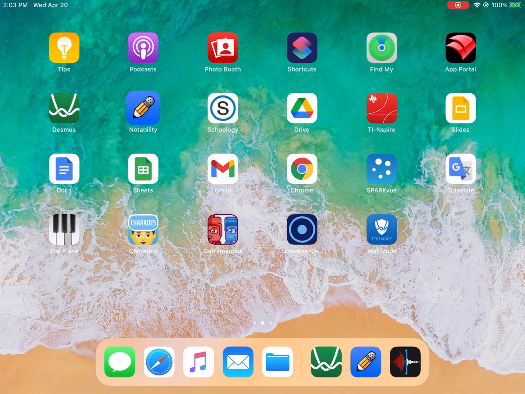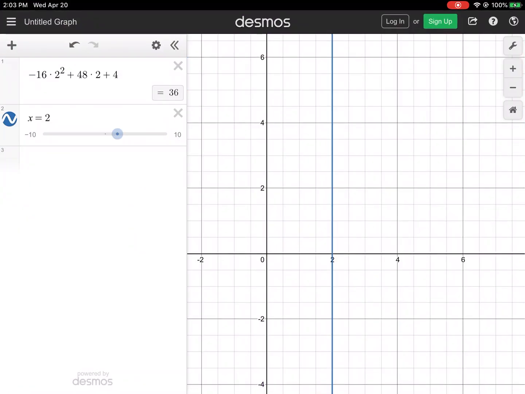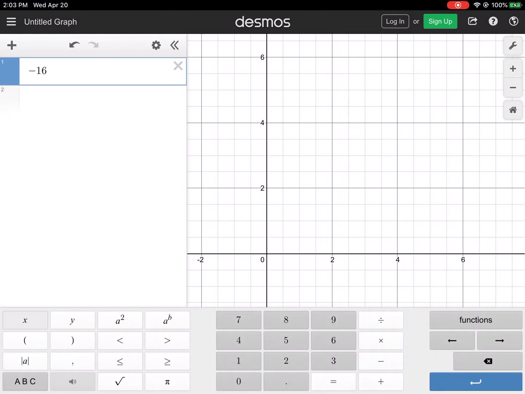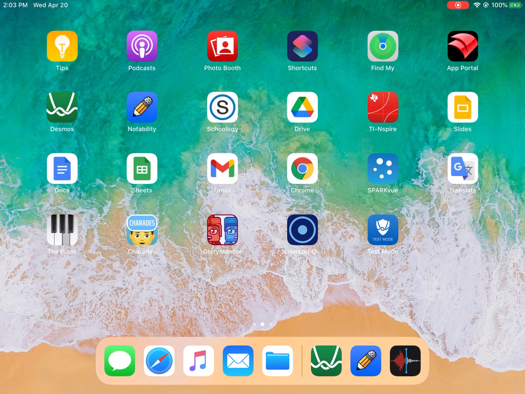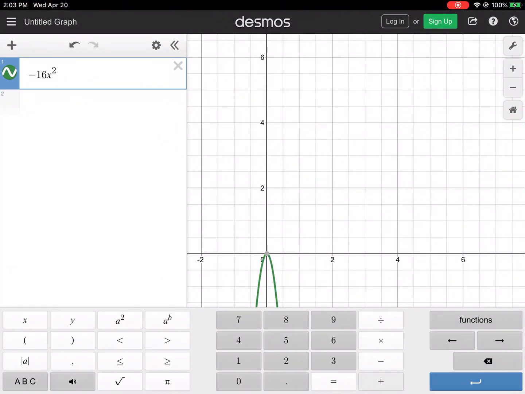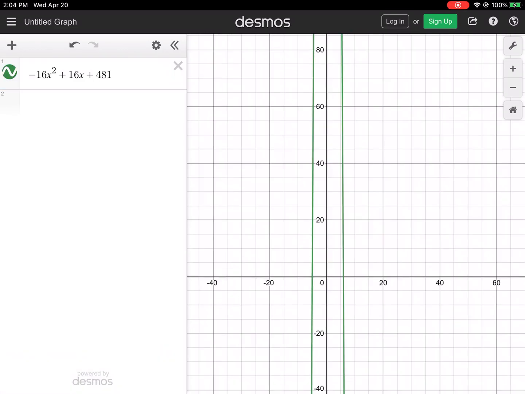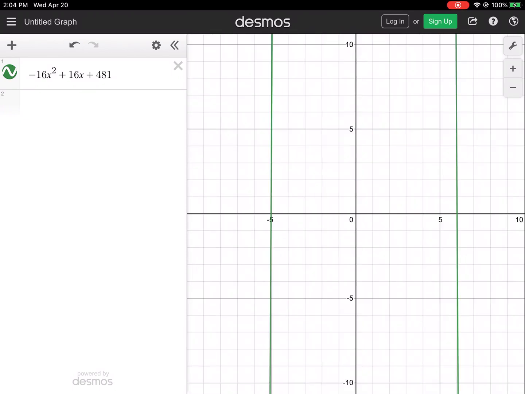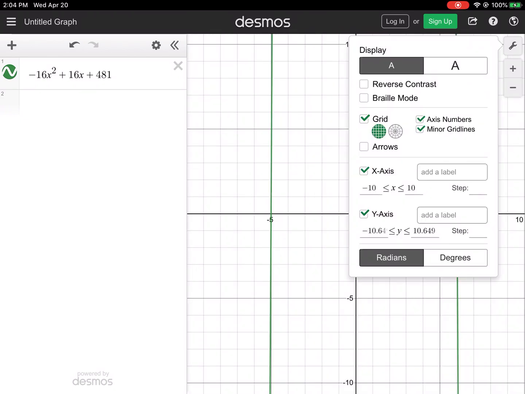So let's graph this. So negative 16x squared plus 16x plus 480. So we could, let's do a scale.